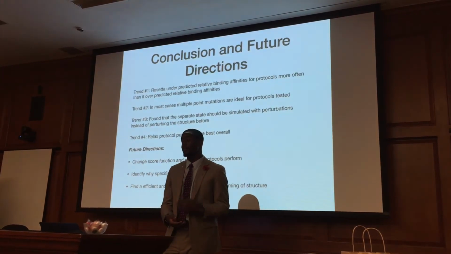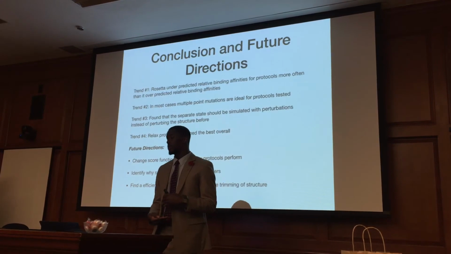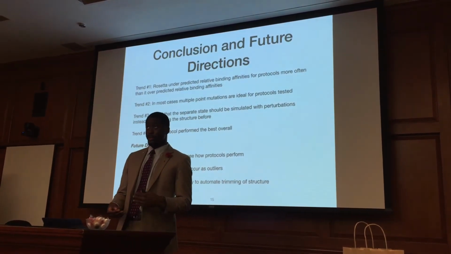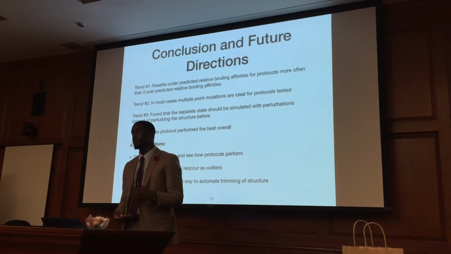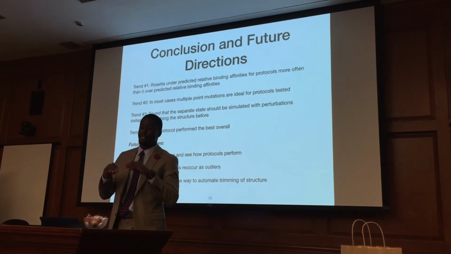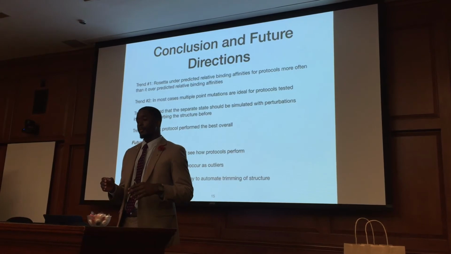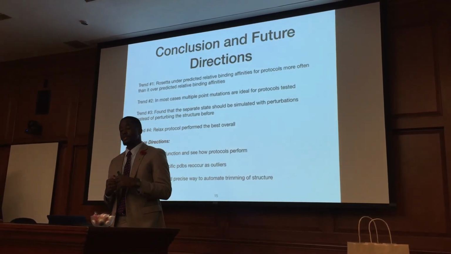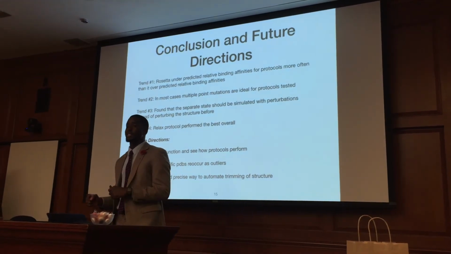Lastly, I want to find an efficient and precise way to automate this trimming method, because there can be a different way where we can just trim essentially certain distances away from the interface instead of just stripping away excess chains.